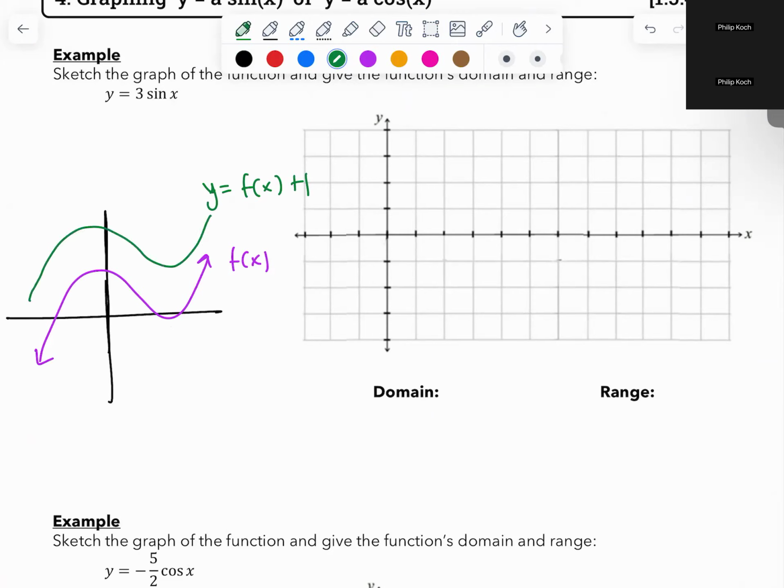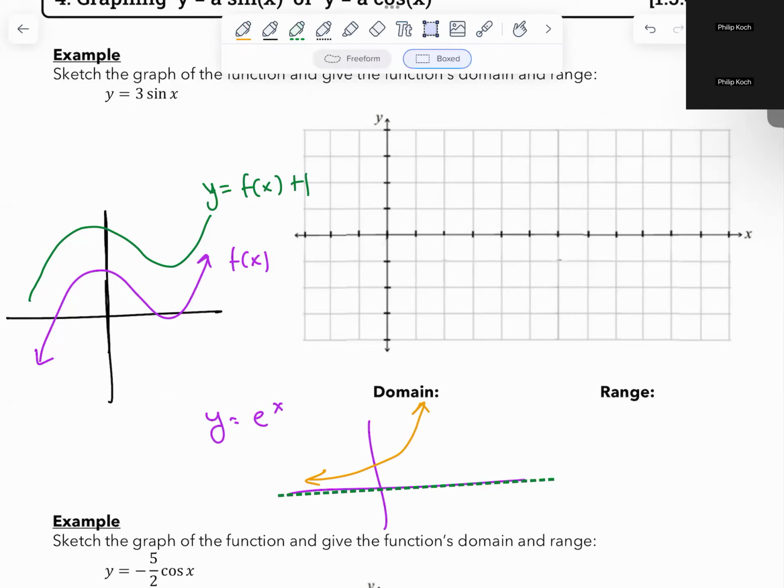So if this was a sine graph, what ends up happening is something you might remember when you talked about exponential and logarithmic functions. With exponential functions like y equals e to the x, we had the graph and it had the horizontal line through the origin.